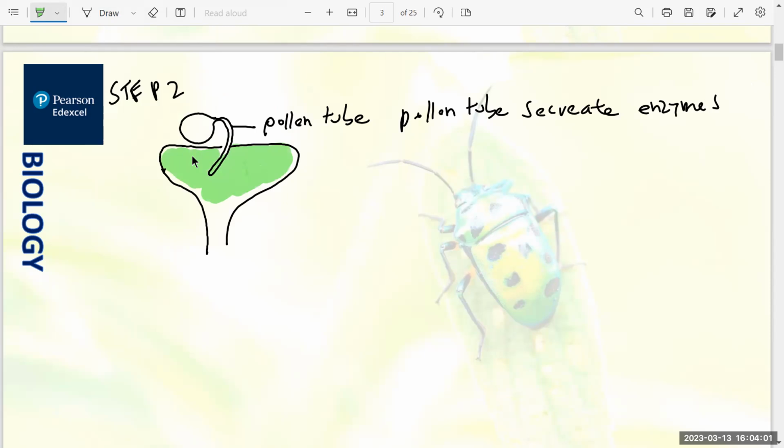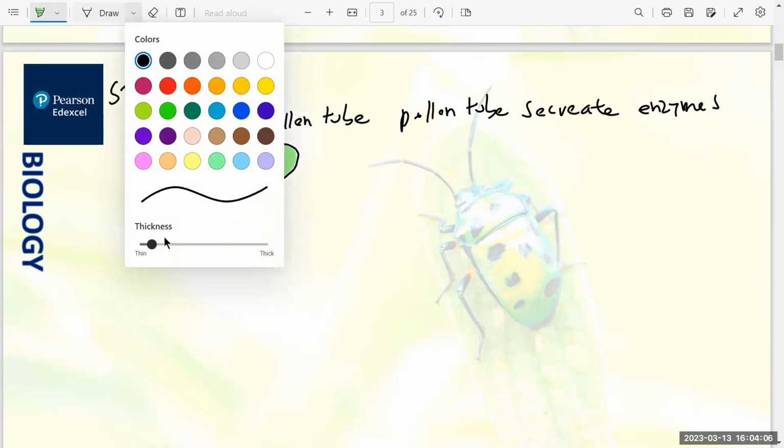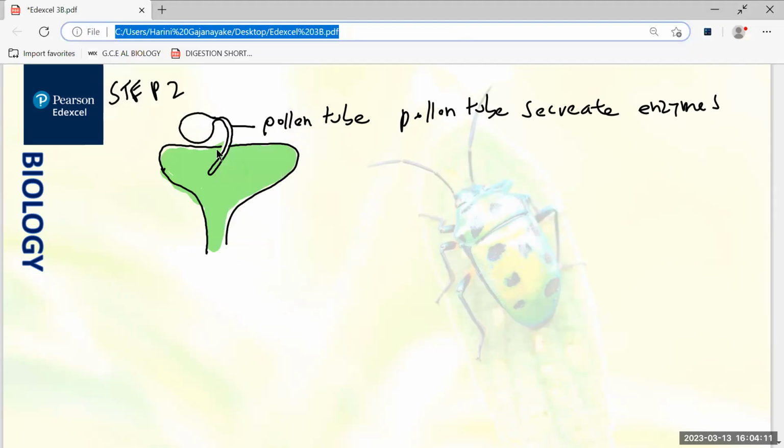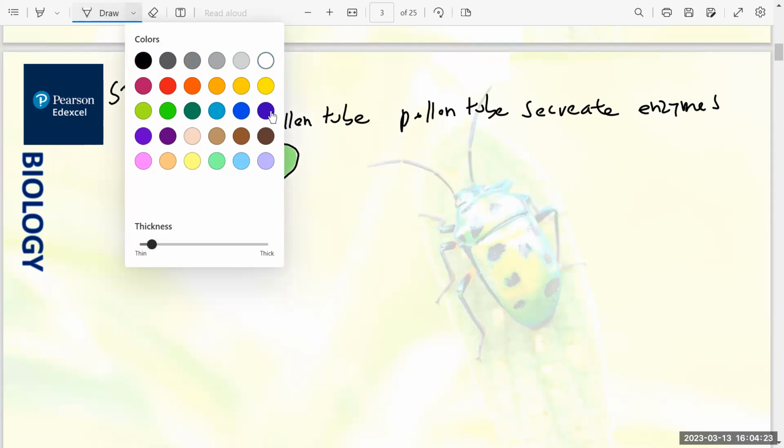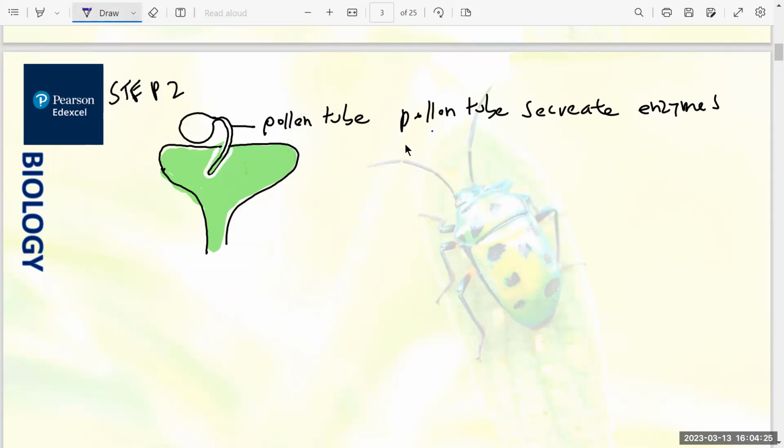This is the tissue of the stigma. Now if the pollen tube wants to grow, it should digest the surrounding tissues like this, and it can get the space to grow, right? So this is possible. The pollen tube secretes enzymes and digests stigma and style tissues.